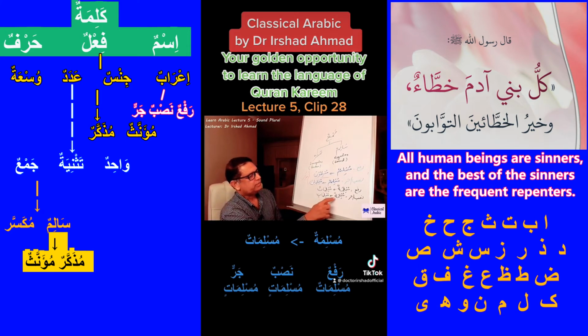Here we have removed ta marbuta, the tied up ta, added alif, and then added ta maftuha. This time ta maftuha takes tanween kasra. So from muslimatun, the plural will be muslimatun, muslimatin, muslimatin. Three Arabic states.